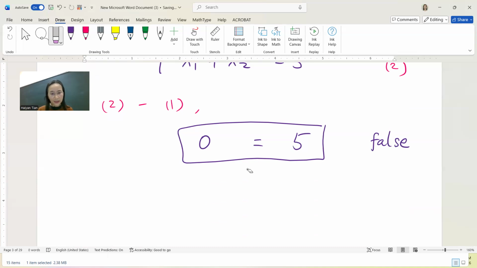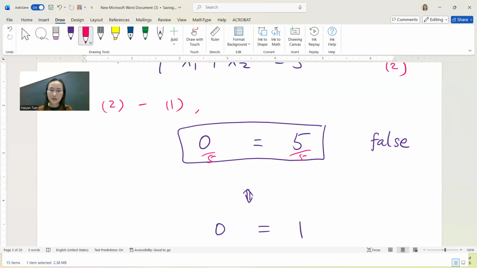You can also reduce it: if you divide both sides of the equation by 5, this is the same as saying 0 equals 1, right? Left-hand side is 0, right-hand side is 1.